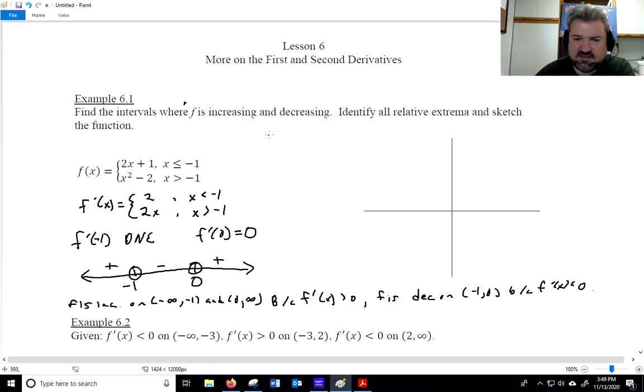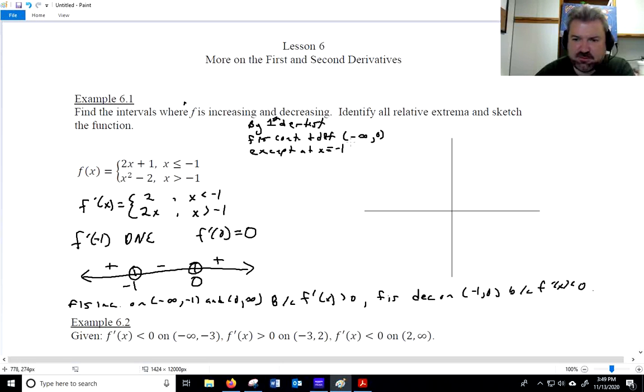So I'm just going to state that, well, kind of don't have a lot of room here, but I'll put it here. So, we're going to say by the first derivative test, since f is continuous and differentiable on this interval from, let's say, negative infinity to, I'll say 0, except at x equals negative 1.